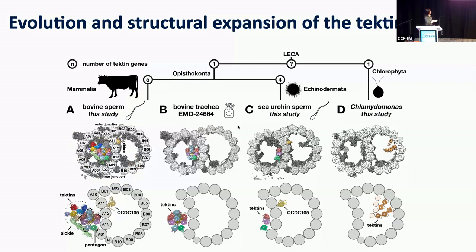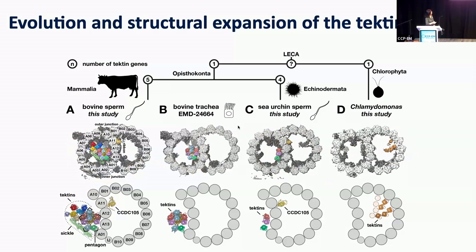If you go from the more simple one, the tektins are actually found in the B tubule. When you move to sea urchin sperm, you have only 3 tektins in the A tubule, and then cilia from the trachea have these 4 tektins, and when you move to sperm, it has a completely full A tubule.